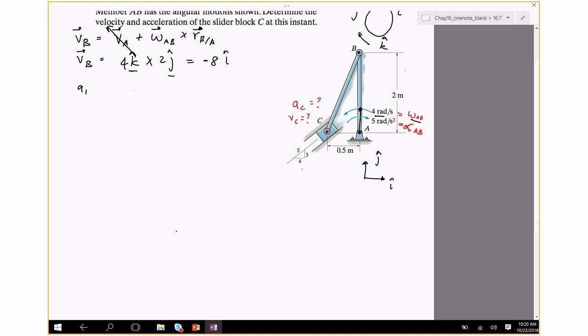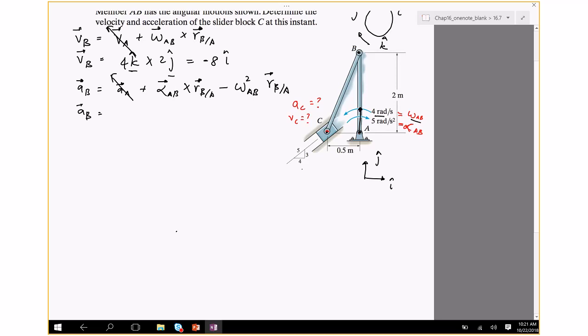Then acceleration of B is acceleration of A plus alpha AB crossed with r of B with respect to A minus omega squared, that's omega AB squared, times r of B with respect to A. Again acceleration of A is 0, so acceleration of B is alpha AB.